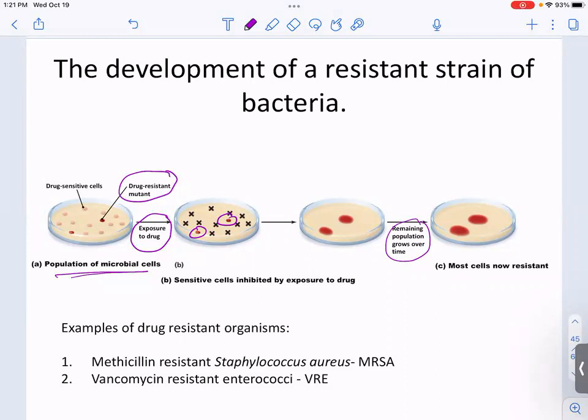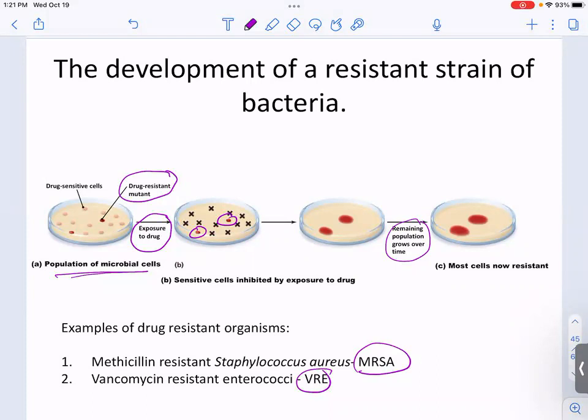So when we talk about drug resistant organisms, it gets to be kind of an alphabet soup. We often give them abbreviations like MRSA, methicillin resistant Staph aureus, or VRE, vancomycin resistant enterococci. Pretty much almost any bacterial infection that you talk about, we worry about resistance. Gonorrhea, we've had to constantly change the antibiotics that we use to treat that. There are strains in Southeast Asia that are resistant to all antibiotics.